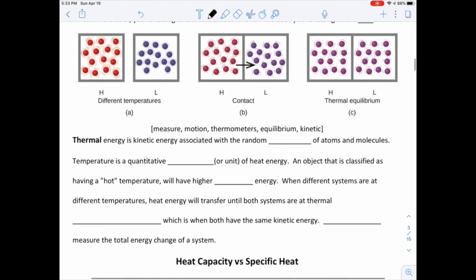And this is just another little illustration. And this one also has these little lines, and this represents that these little balls or atoms are moving, because everything is moving. But the things that are hotter, the red ones, have more of these.